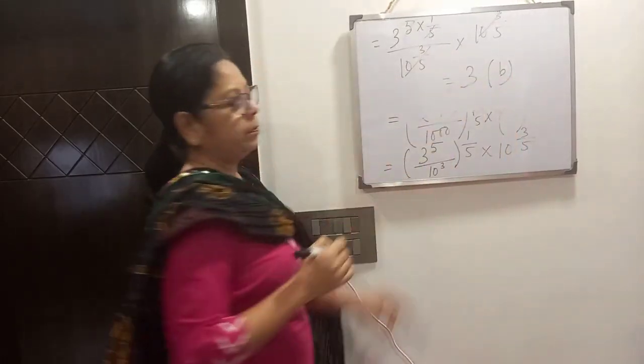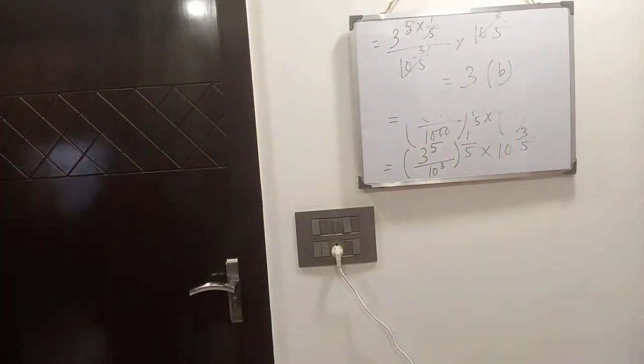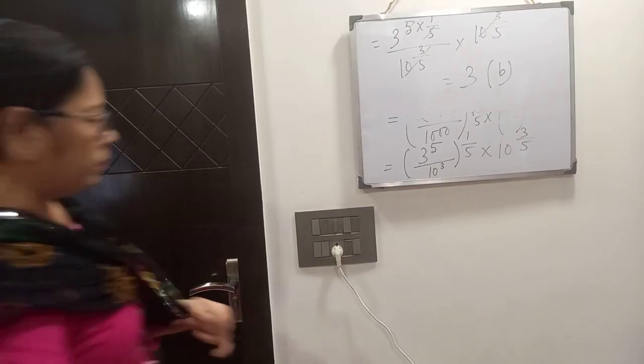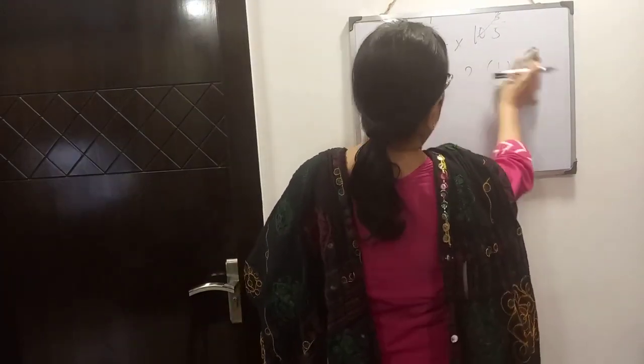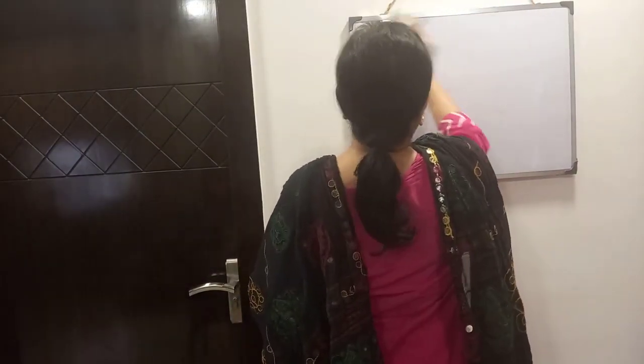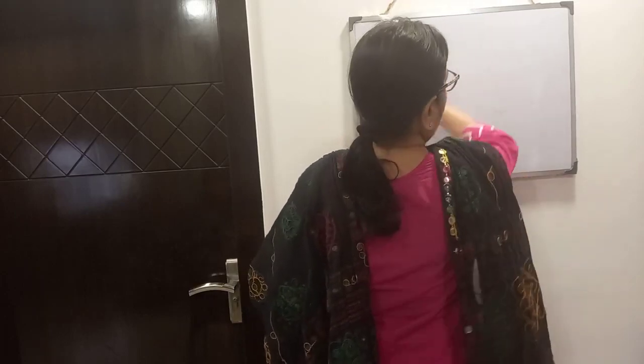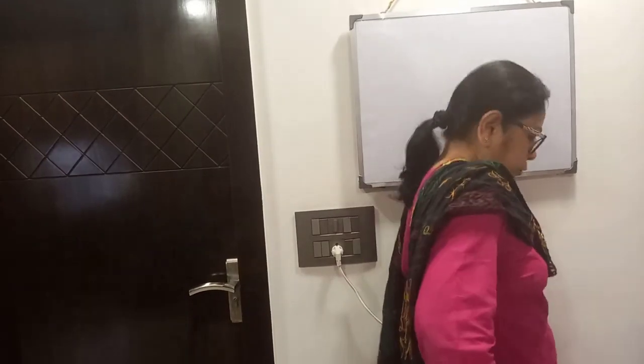Clear? See, this is the correct option. Now next. Find the value of 2 to the power half into 2 to the power minus half into 16 to the power half.